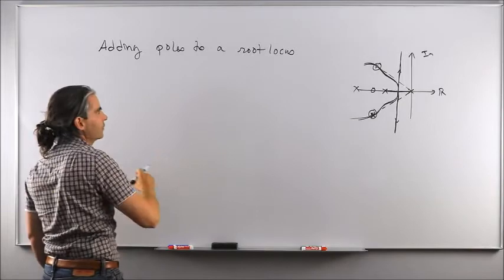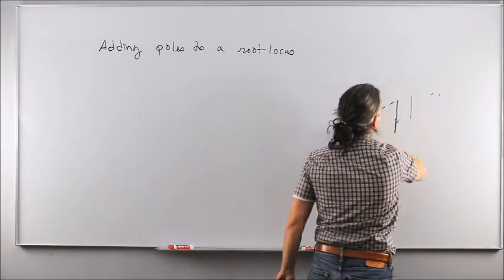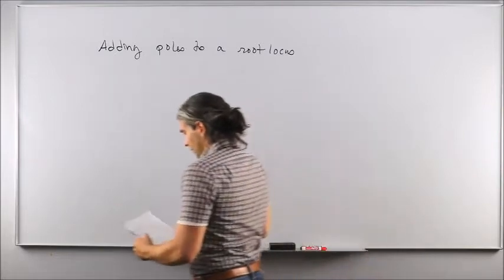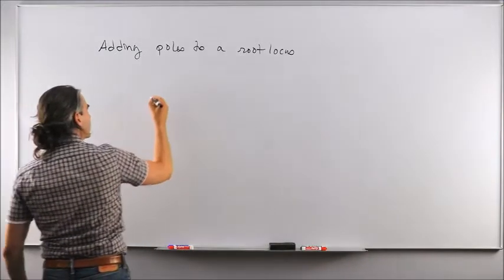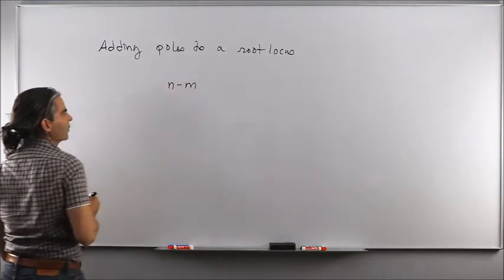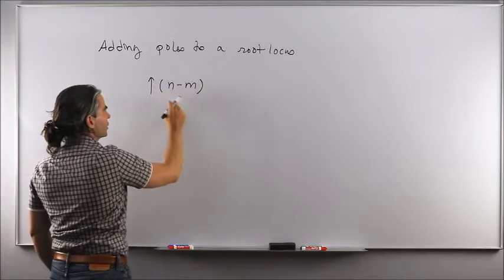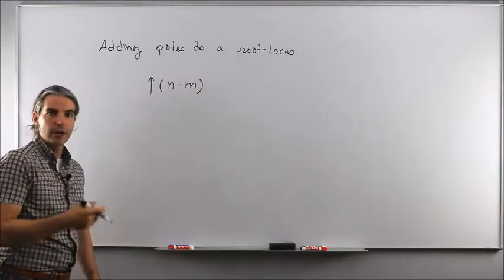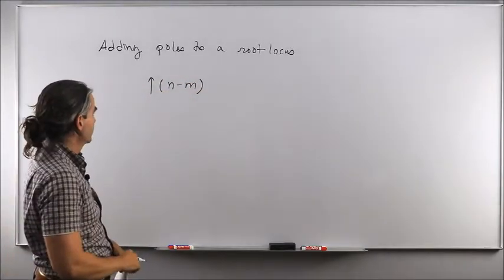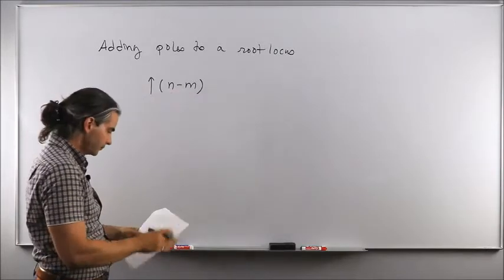But what would be the effect to an existing root locus of just adding poles? Okay? So if you think about it, if you add a pole, it will increase the number of asymptotes, correct? Because the number of asymptotes is related to n minus m. So if you add one pole, n minus m will go up by 1. Okay?